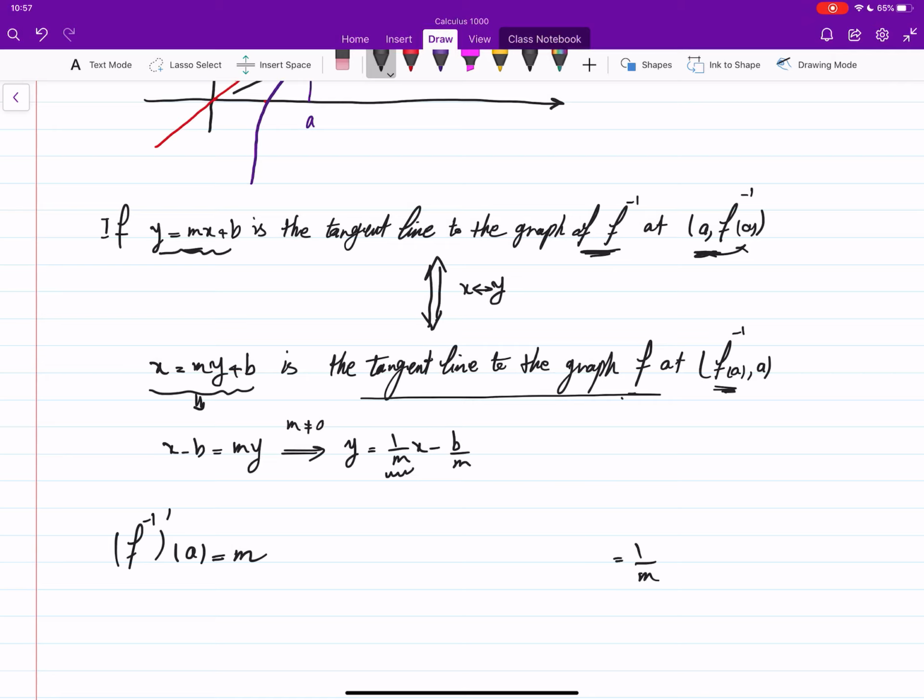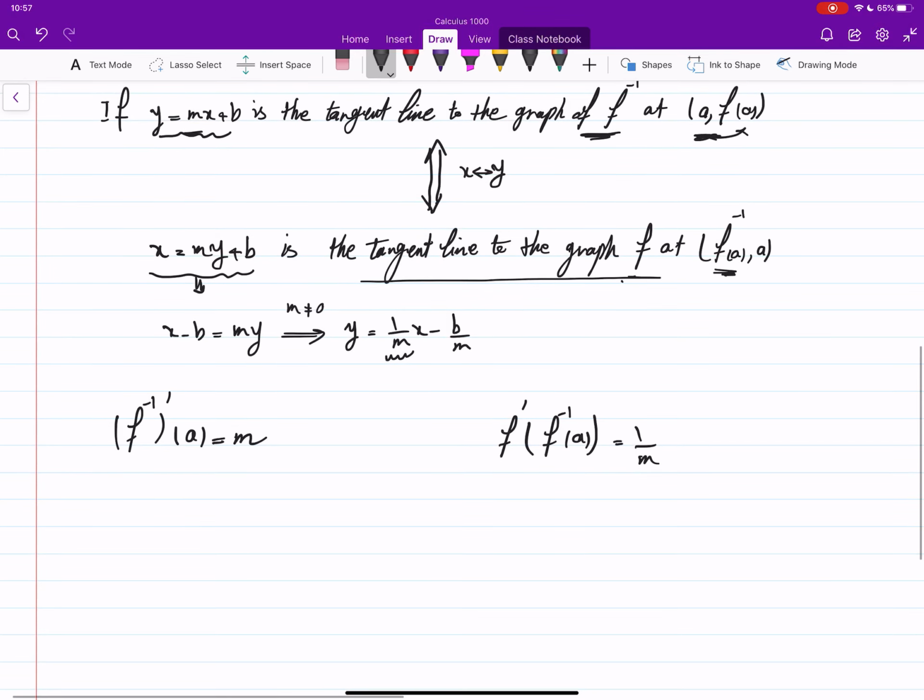But that we know is going to be the derivative of the function f at this value. Just by considering the slopes of the tangent lines, we now see that there is a relation between these two: 1 over m is equal to that, and m is equal to that.